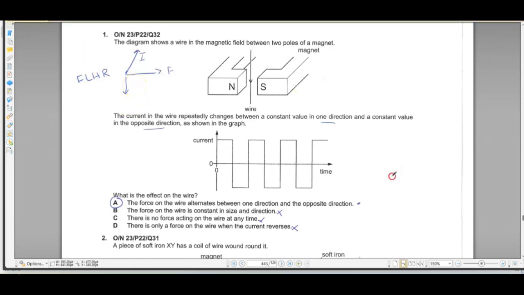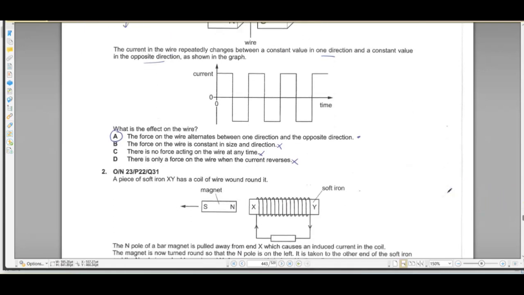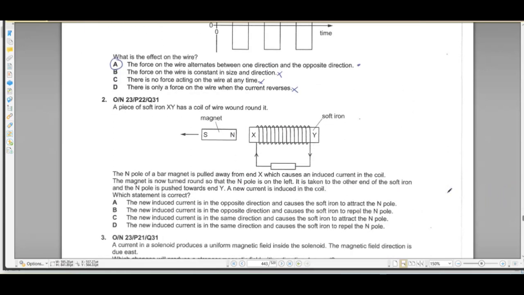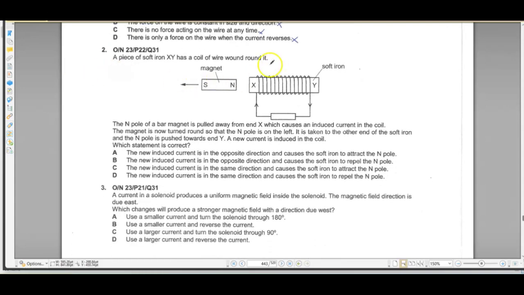Going forward, a piece of soft iron XY has a coil of wire wound around it. The north pole of the bar magnet is pulled away from X, which causes an induced current in the coil.